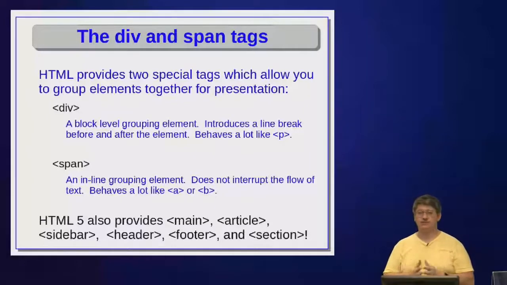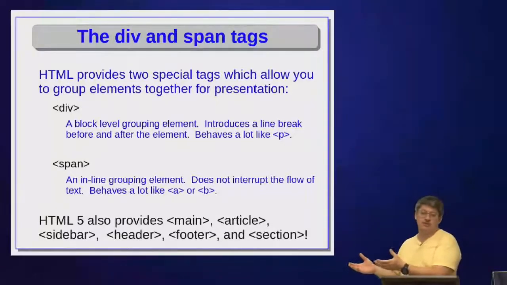Why is this useful? Well, instead of using these tags, we could just create a bunch of divs and give them IDs or classes that identify what they're for. But if I do that one way and you do that another way, when I create a CSS template to style my page in a certain way, I won't be able to give it to you to use because you may use different class names or different ID names.